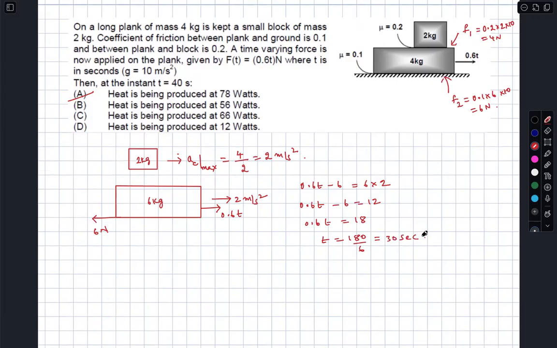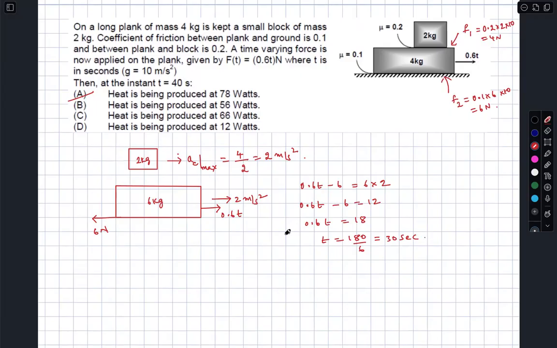So I got one picture now. At 30 seconds, both will move after 30 seconds, with different accelerations. Till this point of time, this is what I taught you long time back related to friction.